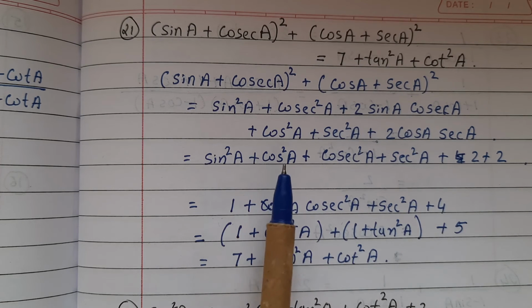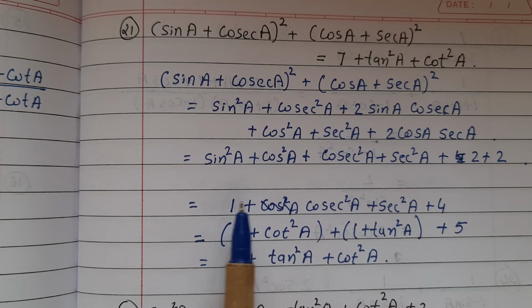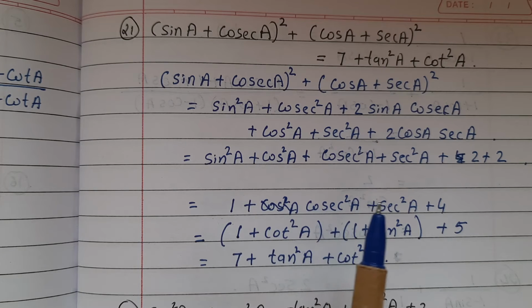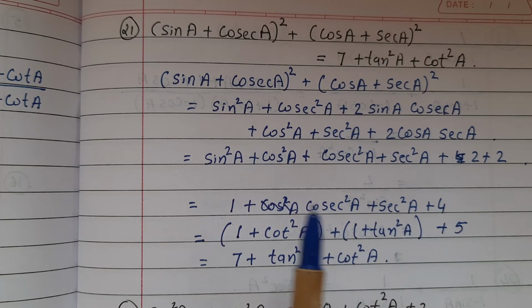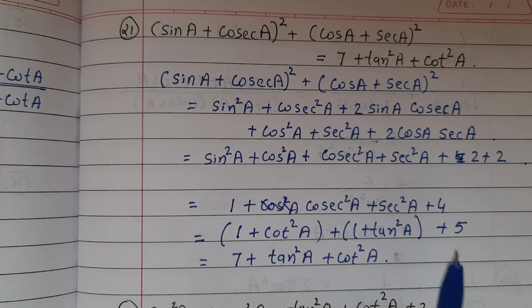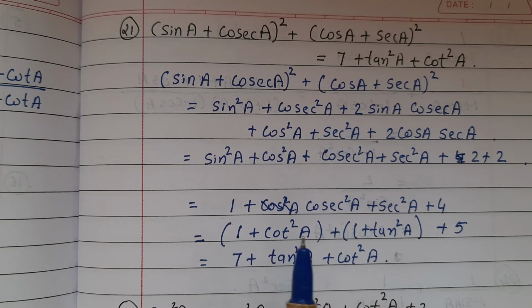Sin square A plus cos square A is 1, plus cosec square A plus sec square A, 2 plus 2 is 4, 4 plus 1 is 5. Cosec square A is 1 plus cot square A. Sec square A is 1 plus tan square A, plus 5. 5 plus 1 is 6, plus 1 is 7. So 7 plus tan square A plus cot square A equal to right hand side.